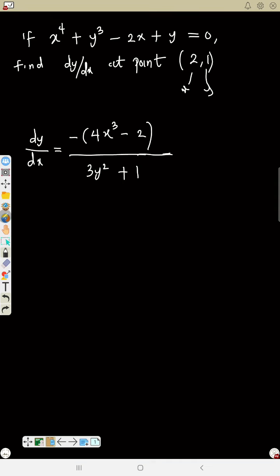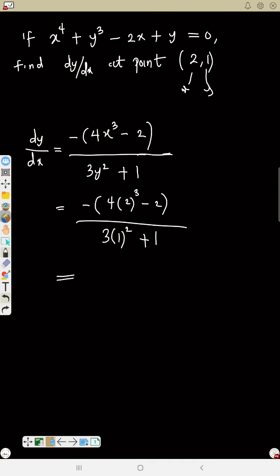So now put all your values. At x is 2, y is 1, so this will be minus 4 bracket 2 raised to power 3 minus 2, meaning anywhere I see x I'm putting 2, then over 3, what is y? 1, that will be 3 brackets 1 square plus 1. So it's now left for you, just press calculator.